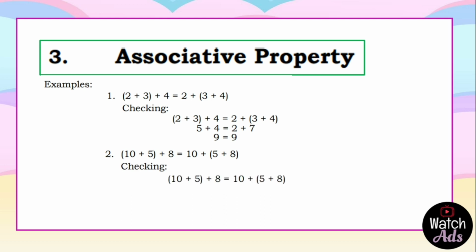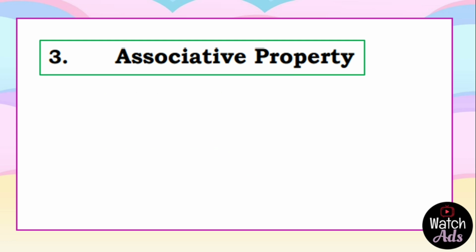First, we add 10 and 5 on the left side of our equation, and on the right side of our equation, we add 5 and 8 first. Now 15 plus 8 is equal to 10 plus 13. 15 and 8 gives us 23, and 10 and 13 gives us also 23. Therefore, the associative property is applicable in addition.